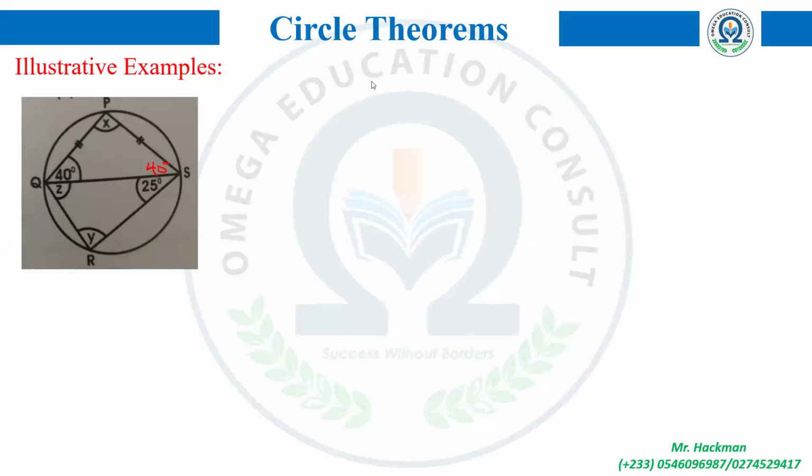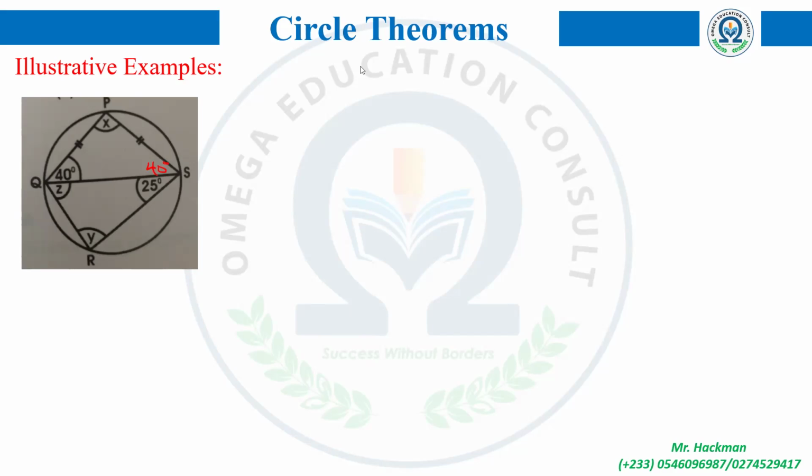Oh, remember, I told you that angles in opposite segments is embedded in the cyclic quadrilateral. I said it today. So you can use the two interchangeably. They are basically the same. You end up getting the same thing.